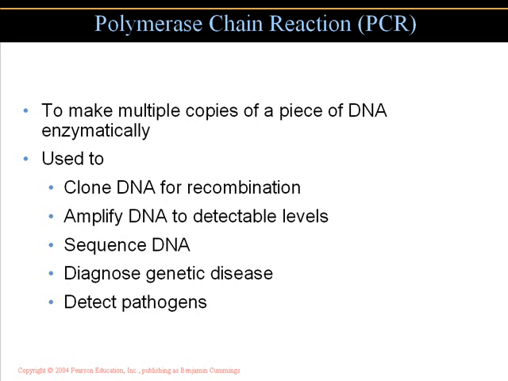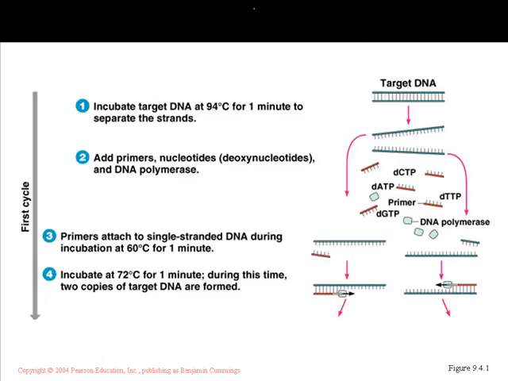For HIV, for example, it helps in detecting the viral pathogen because, again, there is a specific reaction that we see in the polymerase chain. So not only can you use it in amplifying DNA to detectable levels for research studies, but you also can sequence the DNA utilizing this technique, and then you can also diagnose genetic diseases and detect particular pathogens.